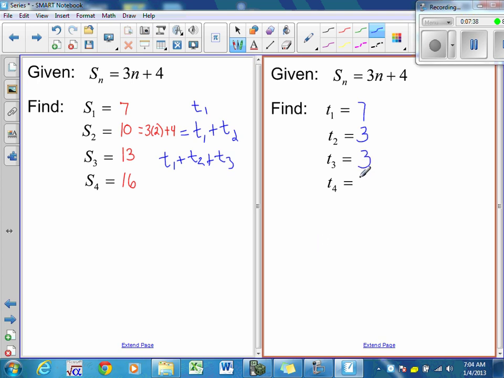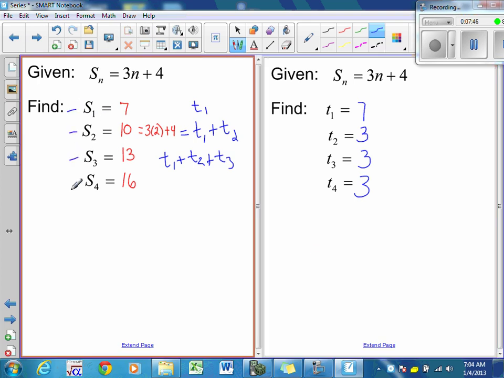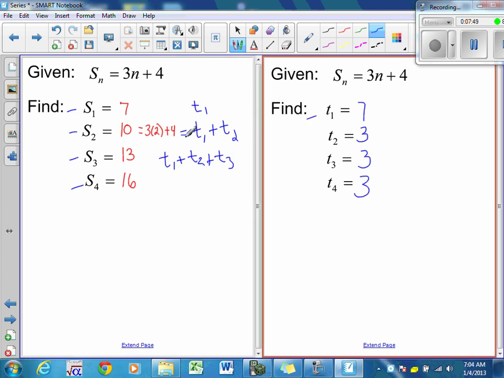And then once again, I'd get 3. So this is how I could go. By knowing the sum of the terms, I'm able to figure out the actual terms of the series. So I'd have the series 7 plus 3 plus 3 plus 3 plus, we'll say this is infinite, dot, dot, dot. And I want to know what is S sub 4? 16.